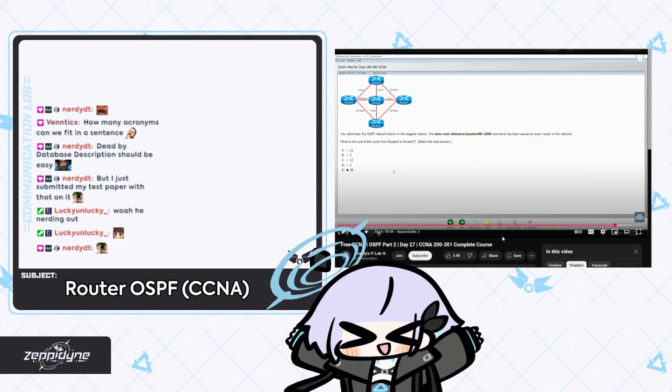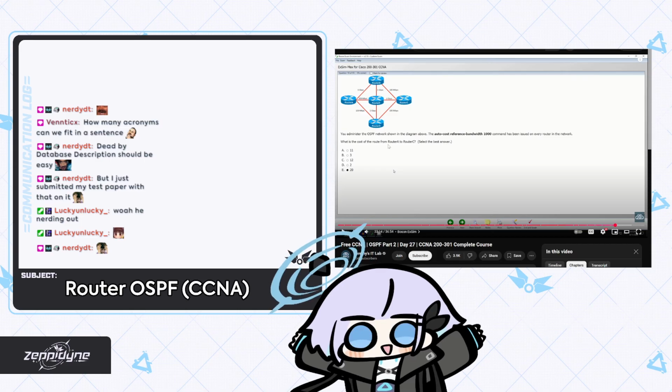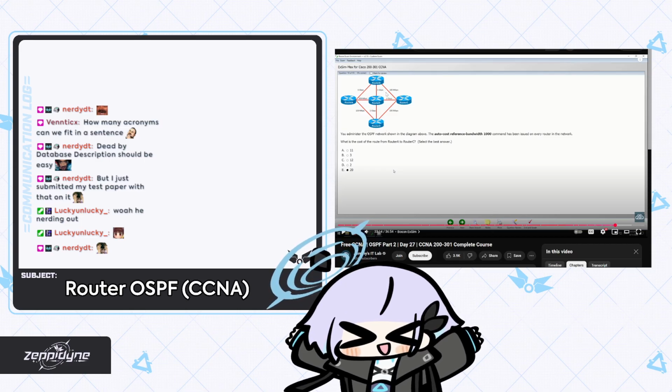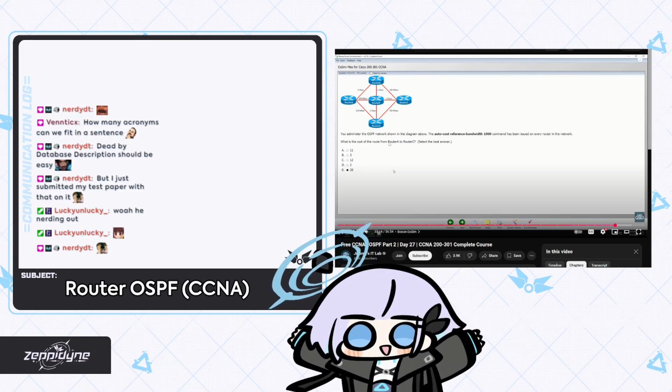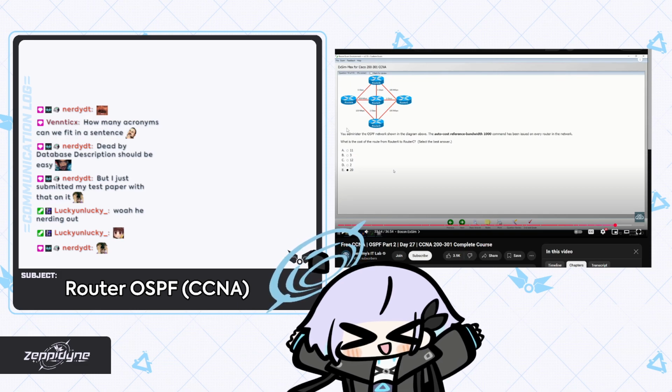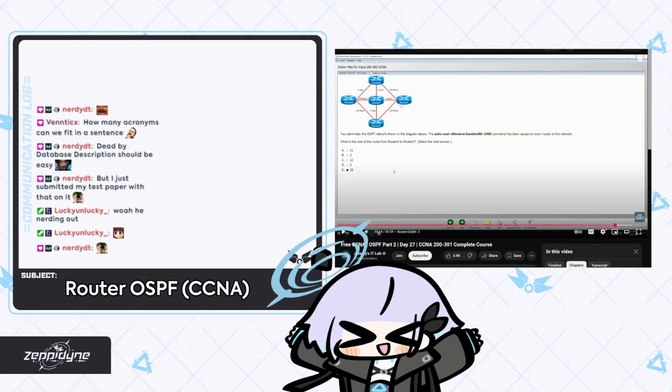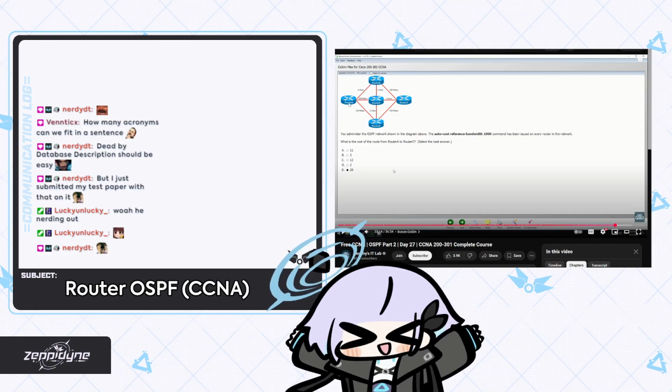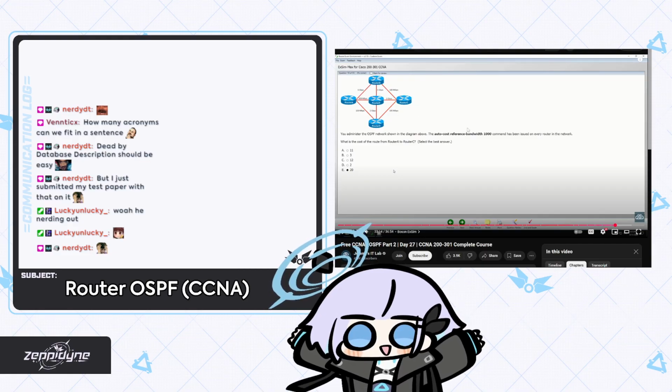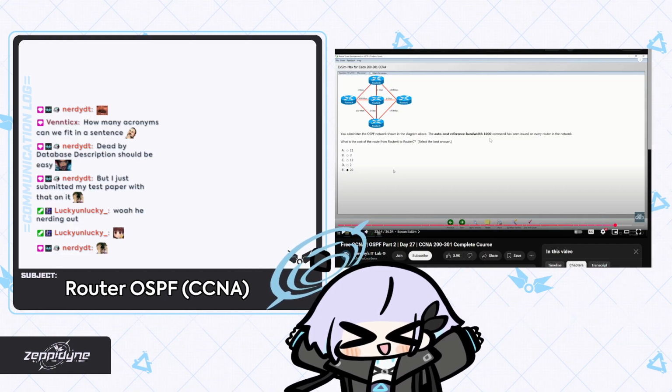We've got to calculate the whole thing. I don't know if you guys can see it, but yeah. Router A to router C, and the reference bandwidth is 1,000.